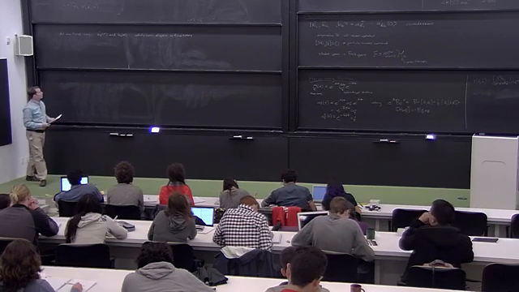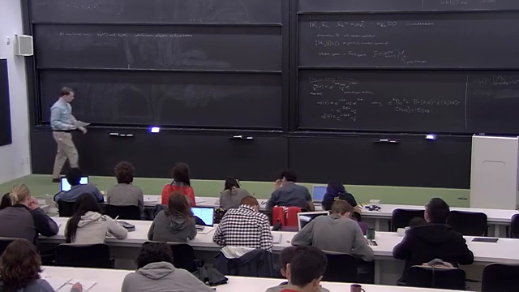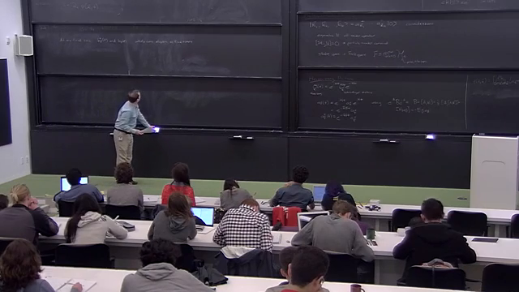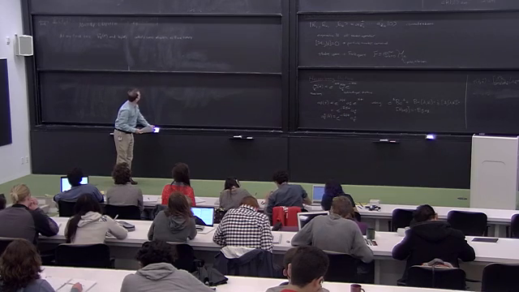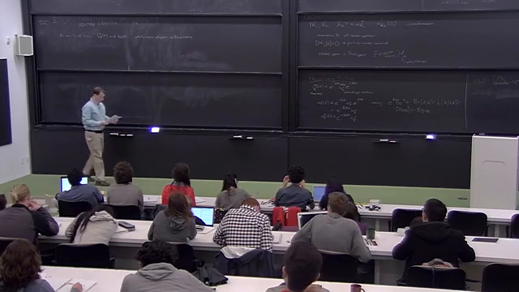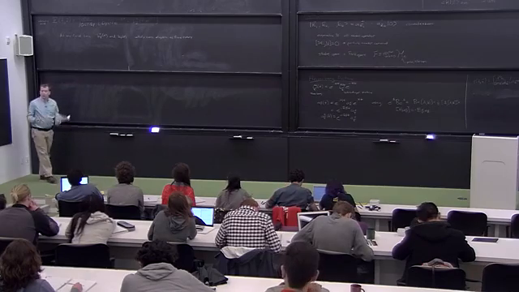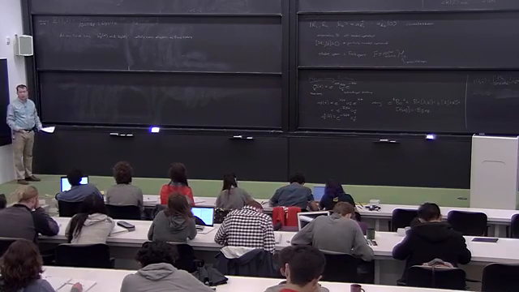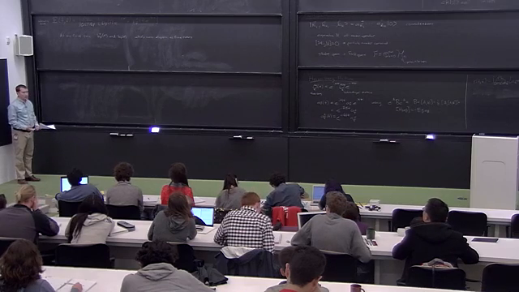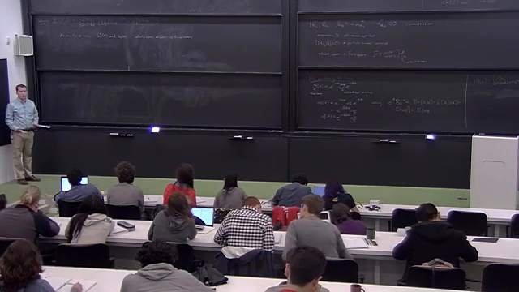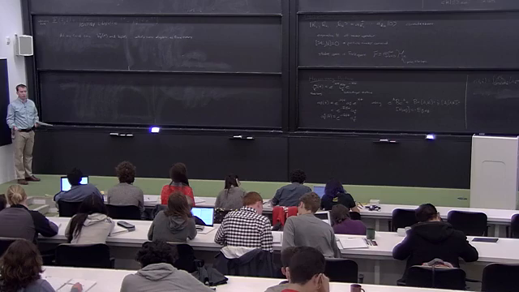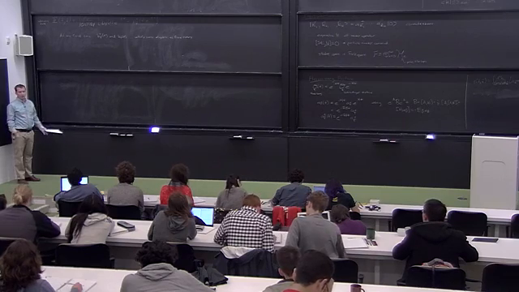Okay, so we're dealing with a free theory here, which means there are no interactions. Remember, one of our main goals for this course is to calculate decay rates or cross sections.